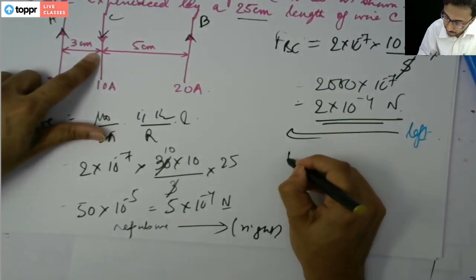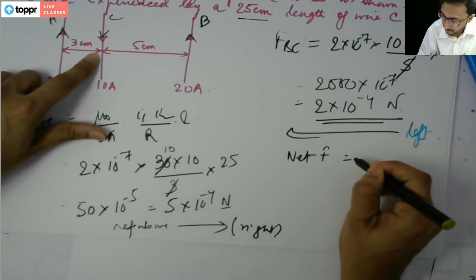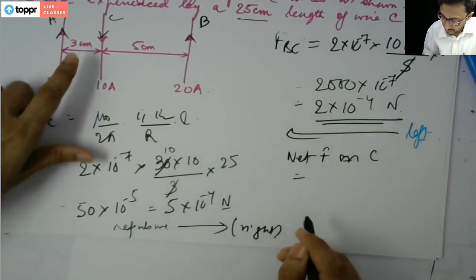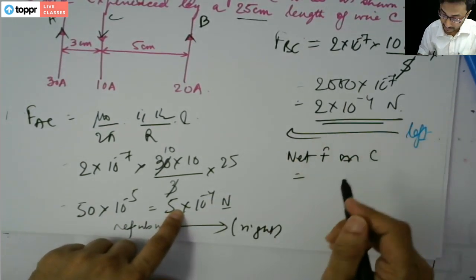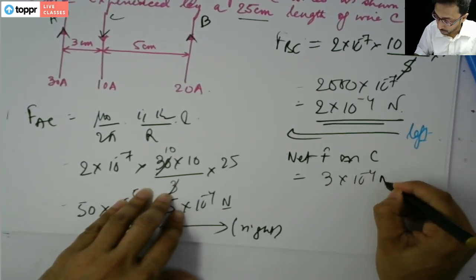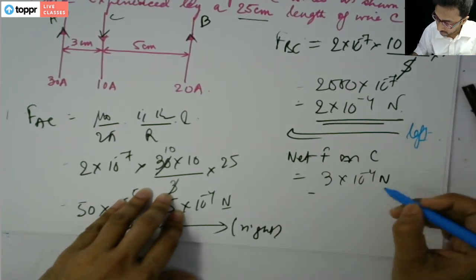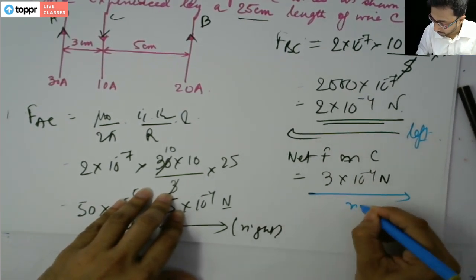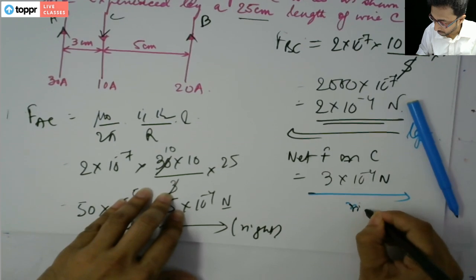So what is the net force on C? It is definitely this minus this, that is 3 into 10 to the power minus 4 Newton towards right.